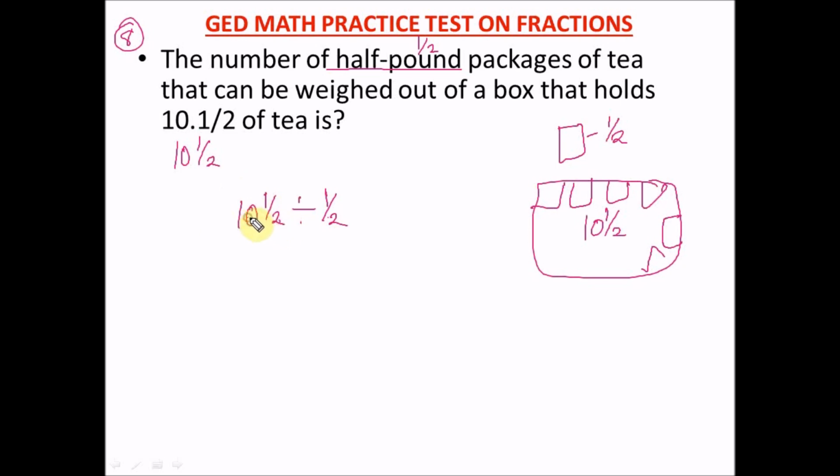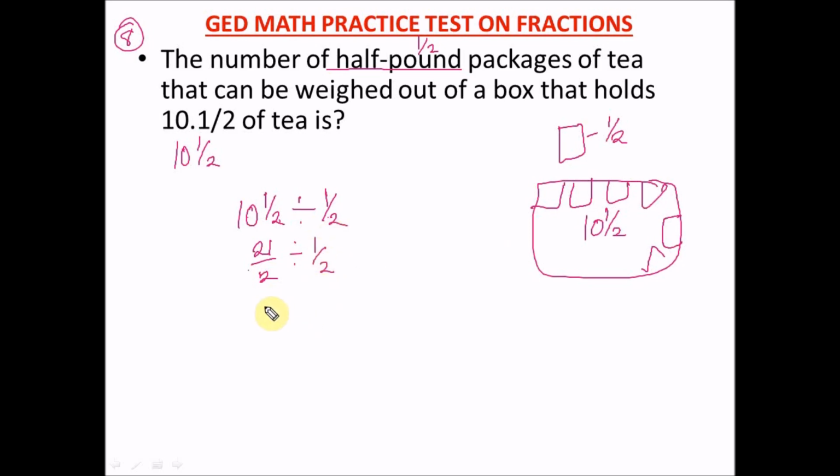So we have 2 times 10, that will be 20, and 20 plus 1, that is 21/2 divided by 1/2. And remember earlier, as I said, when you have a division sign and you want to change it to a multiplication sign, the fraction on your right has to invert.